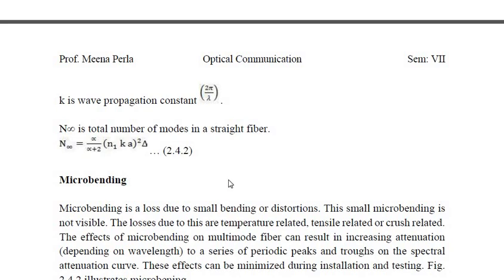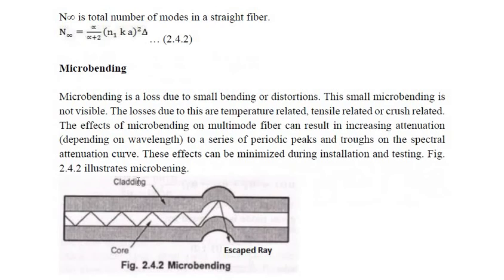So there are two types of bending: microbending and macrobending. Microbending is a loss due to small bending or distortion. This small microbending is not visible. The losses due to this are temperature related, tensile related, or crush related.